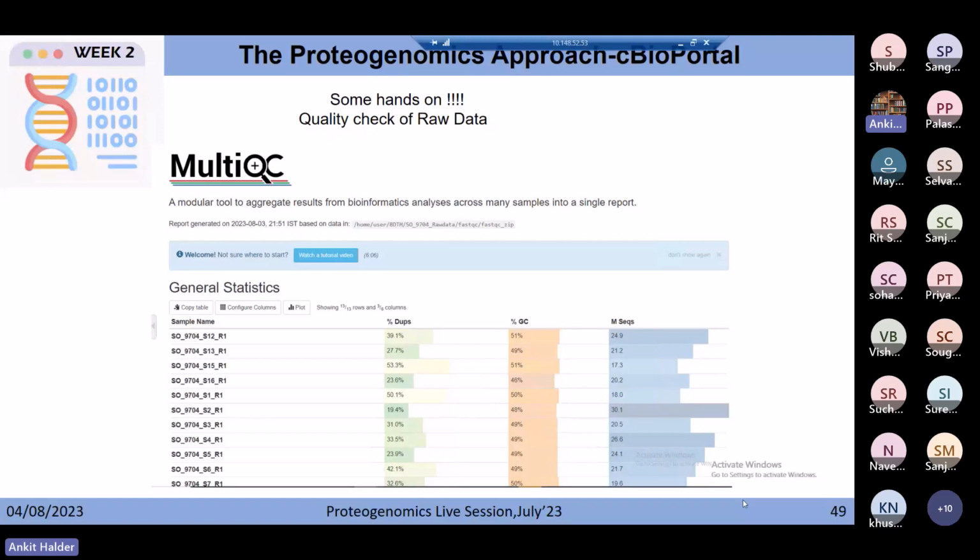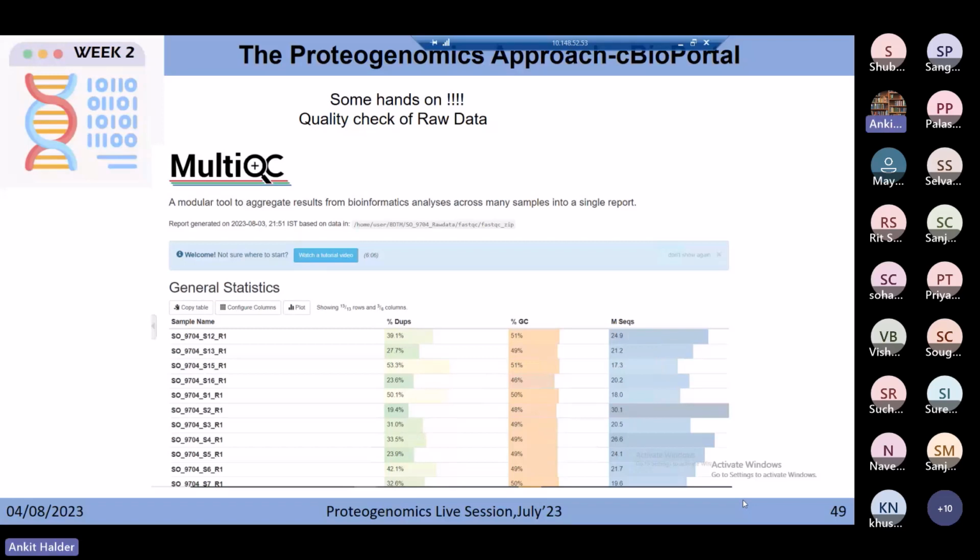Without the parameters, you cannot go for further analysis.